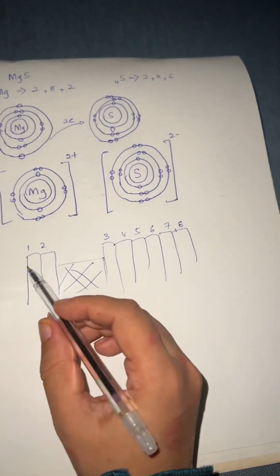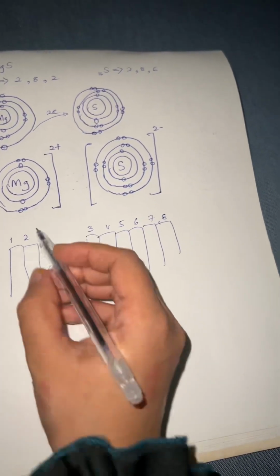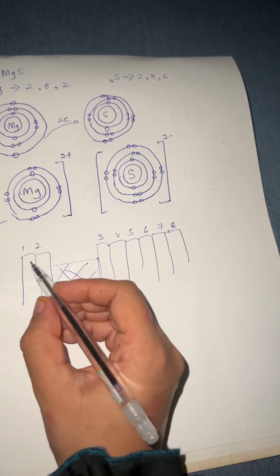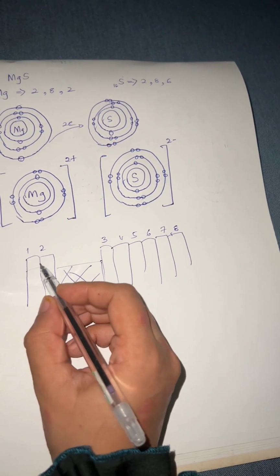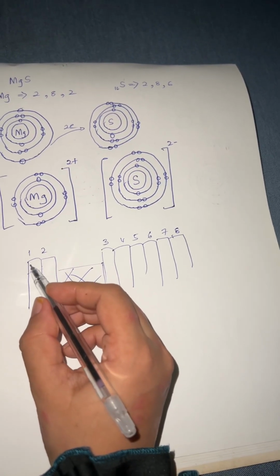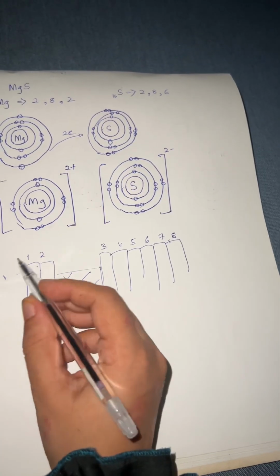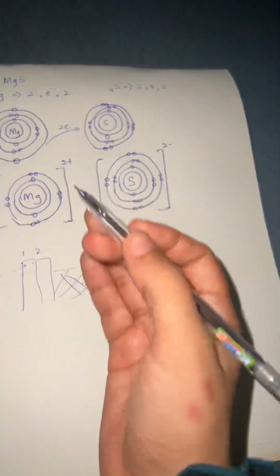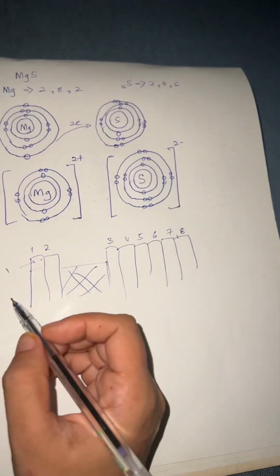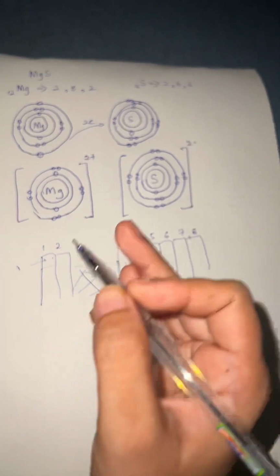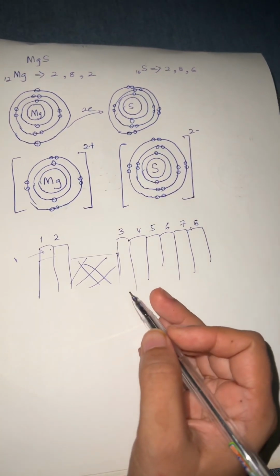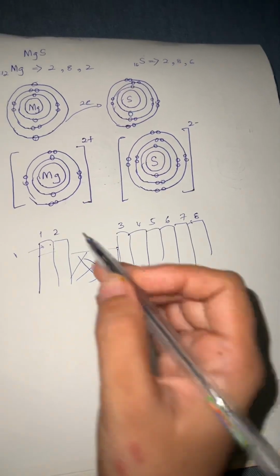You need to know that usually the metals of group 1 will have a valency of 1. I will talk about how to form the valency deeper in my next video. Hope you understand this.